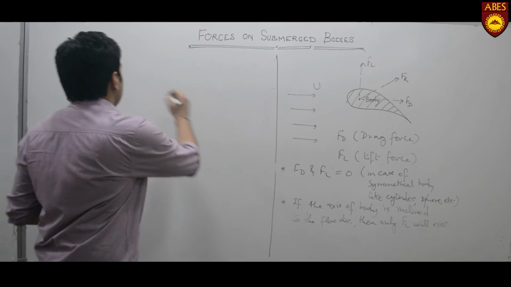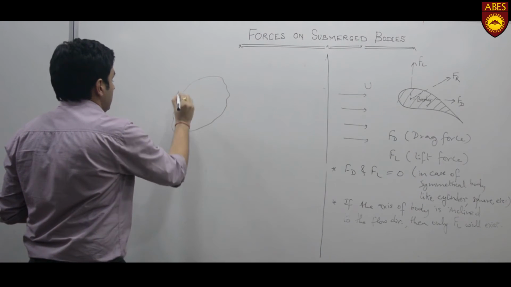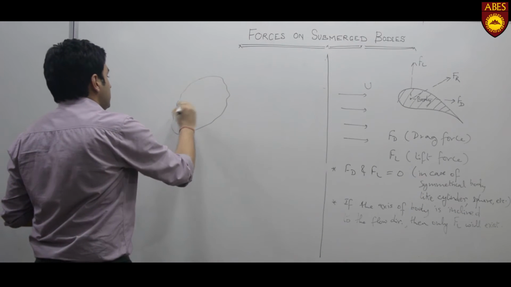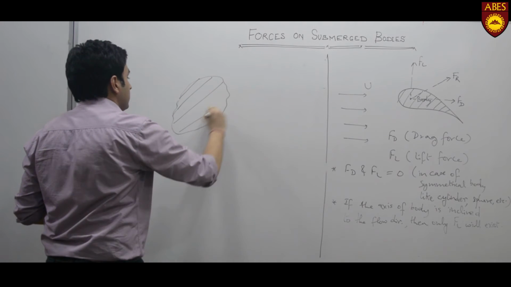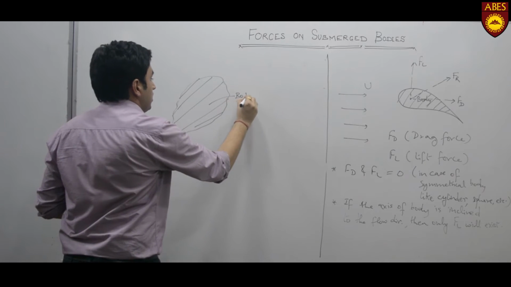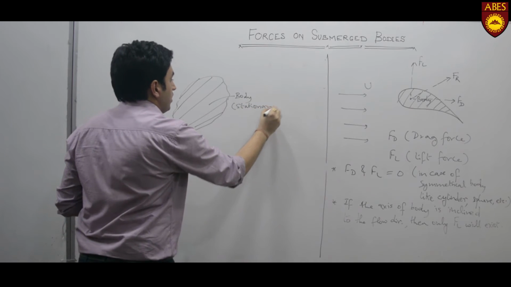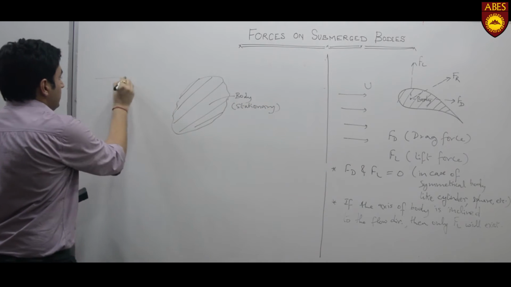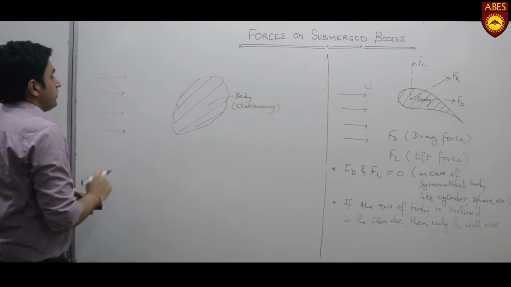So now here we are taking some arbitrary shape body like this, which is stationary in this way. This body is fixed here, stationary, and it is experiencing a flow like this.